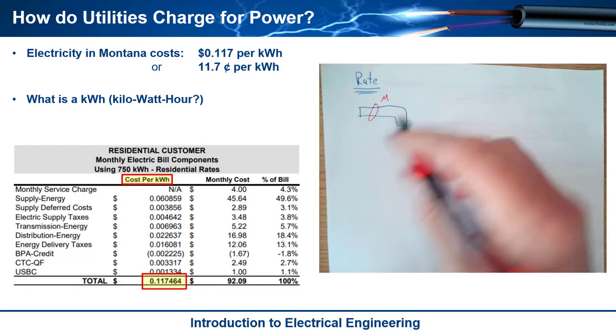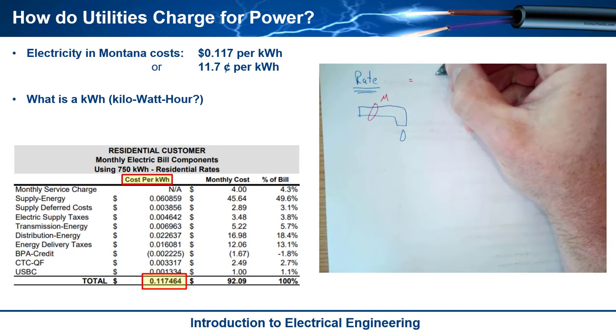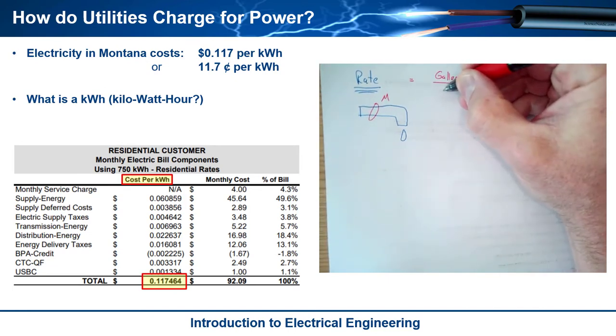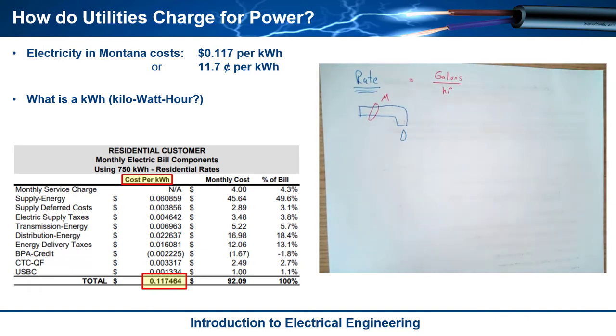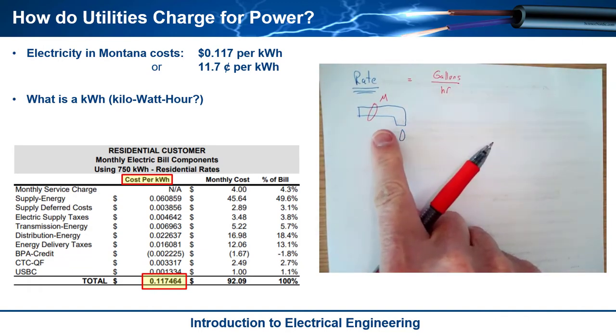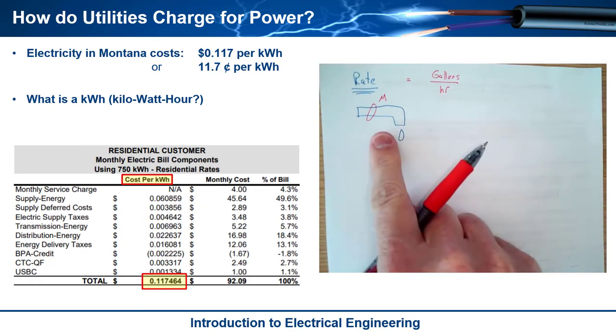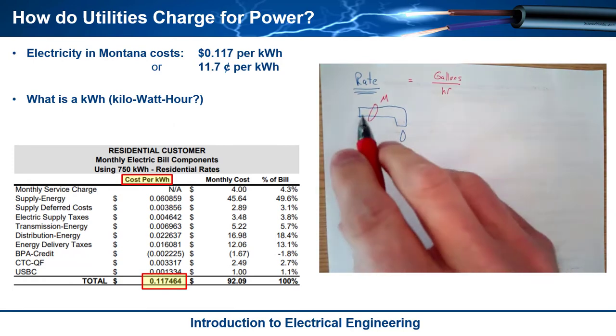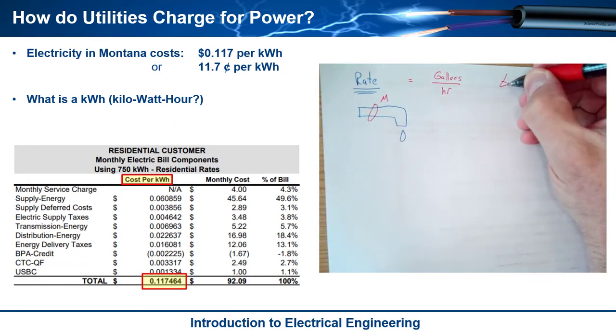What they do is they measure a rate. So you would get something out of your meter that is like gallons per hour or something like that. And if you draw more water, your gallons per hour would go up. If you have less, you have lower gallons per hour, but it's a rate. And then the meter also measures time.